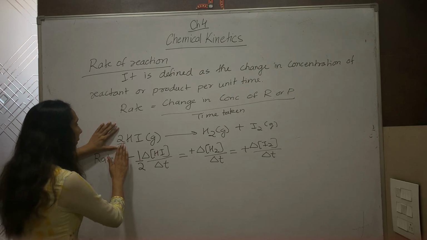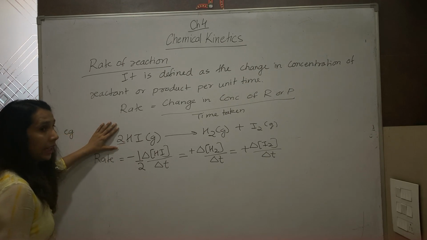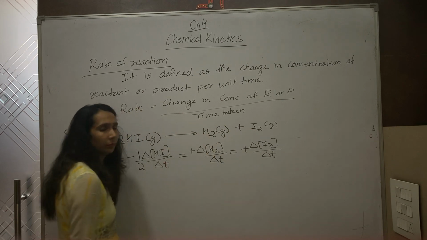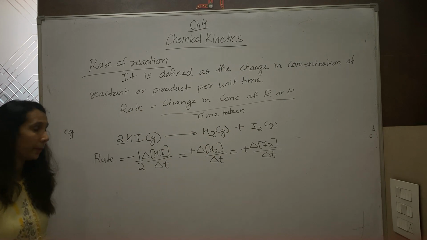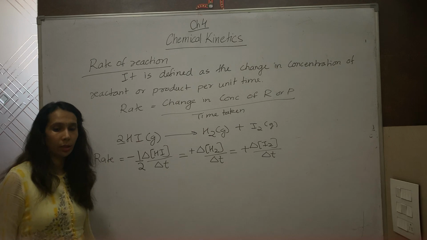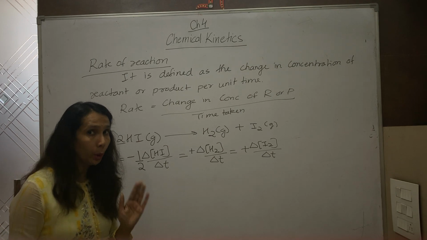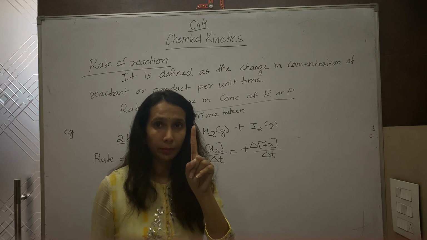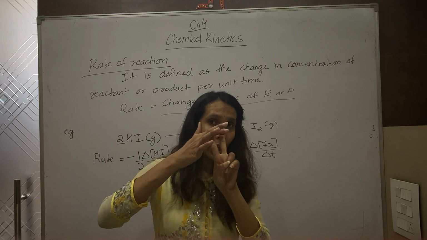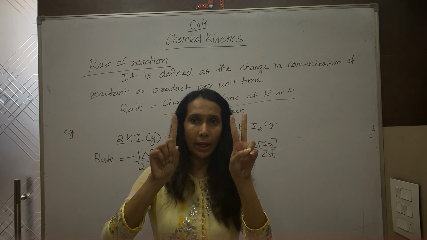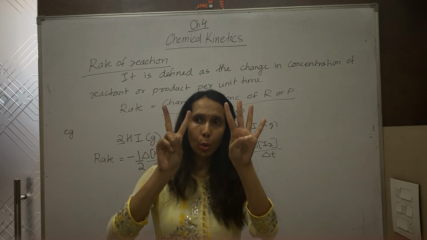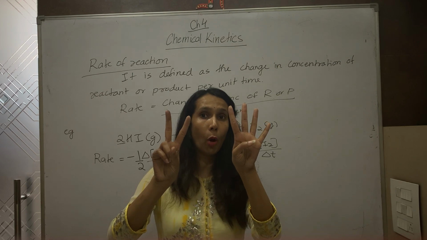You know, the rate of decrease of HI is twice the rate of formation of H2. Again, I am repeating: if 2 moles of HI are used, 1 mole of I2 is formed. 4 moles of HI will be used, 2 moles of I2 will be formed.